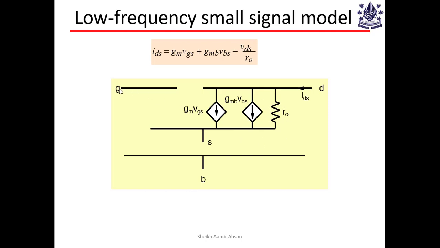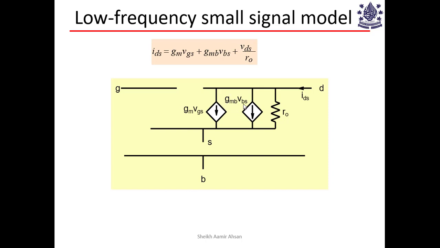So we have the gate, source, drain, and the body terminals. These are small signal nodes. Between the drain and the source, we have one voltage dependent current source, which is GMVGS, this one. And VGS is the small signal voltage applied between the gate and the source. Similarly, we have GMB, let's call it body transconductance, right?